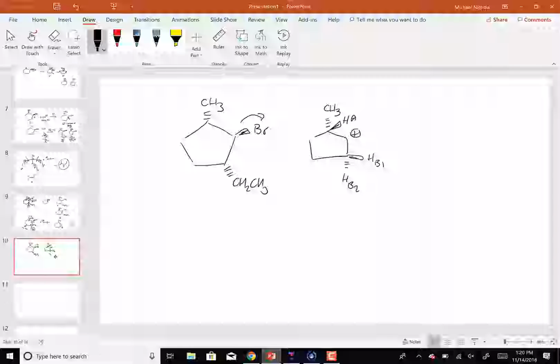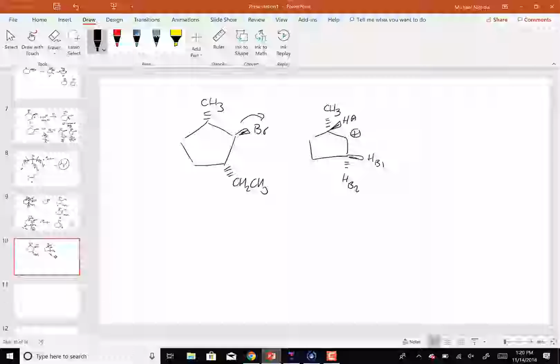And so now we're going to do a rearrangement. So my question would be, which hydrogen is going to shift? H. I hear just one A. Should I hear more A's?